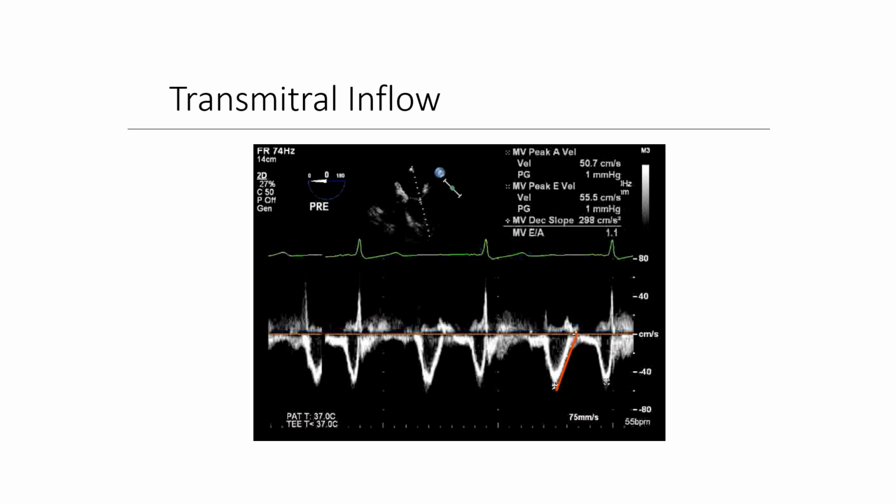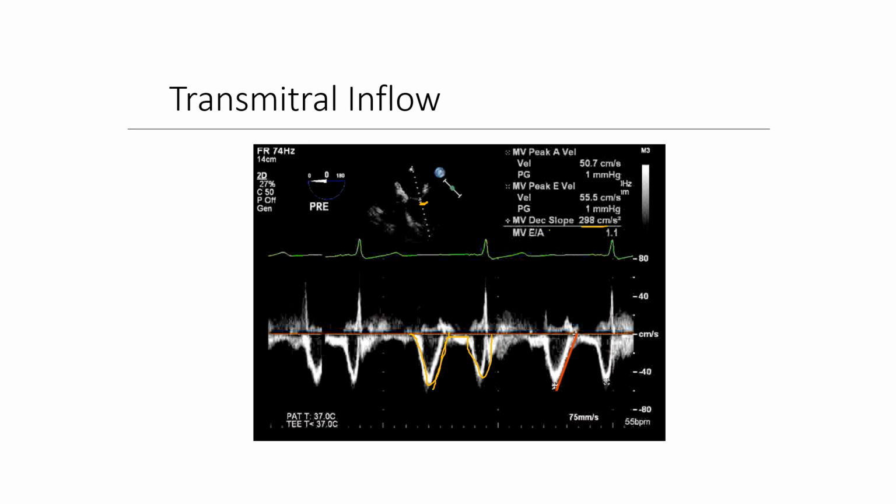So transmitral inflow is when you place a Doppler, like we said earlier, right at the tips of the mitral valve. And as you see, you get that early filling of an E wave, a period of diastasis, and then an A wave during atrial systole. Using this Doppler, you can get a deceleration slope as well, over here.